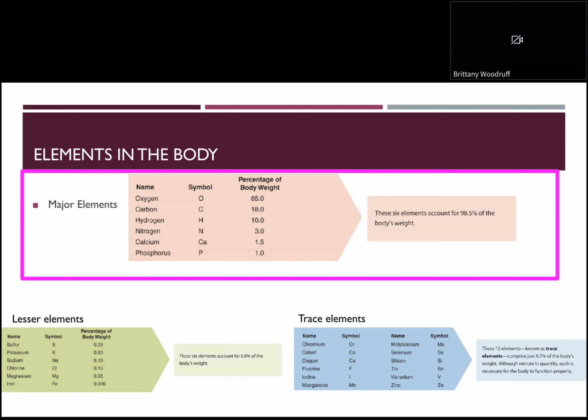You do come across all of these other elements in your body, but the 6 that we really want you to start with are these ones. Throughout the rest of the semester, as we come upon them, I'll remind you of the abbreviations, but for right now, we have those.